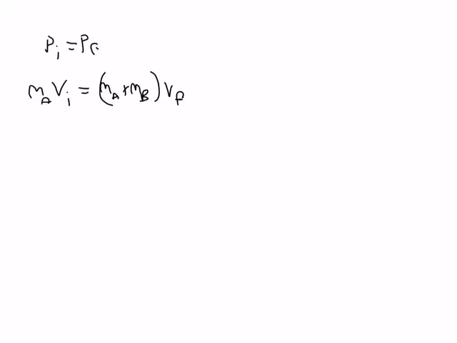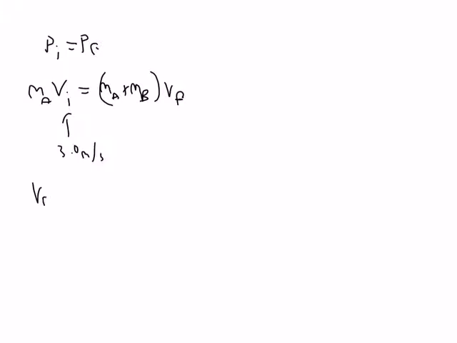Right, so we want to figure out how fast the combination of blocks are moving after the collision. And we know what VI is. This has to be the same 3.0 meters per second, because we're told we compressed it the same amount as we did before. Right, so that's the same.